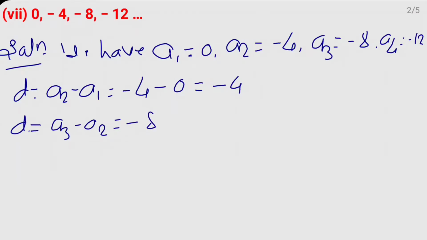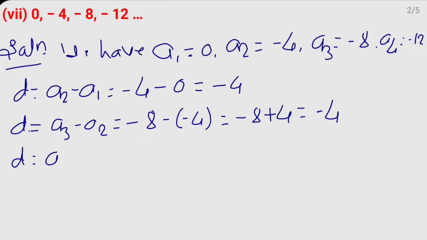Next, D is A3 minus A2. A3 is minus 8 and minus A2 is minus minus 4, so minus 8 plus 4 is minus 4. Next, D is A4 minus A3.